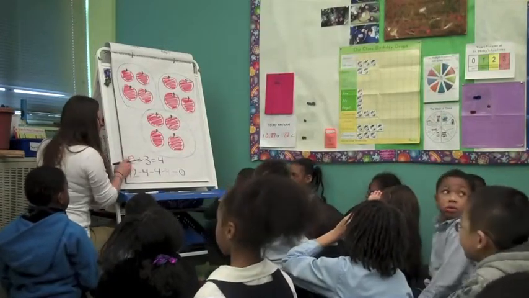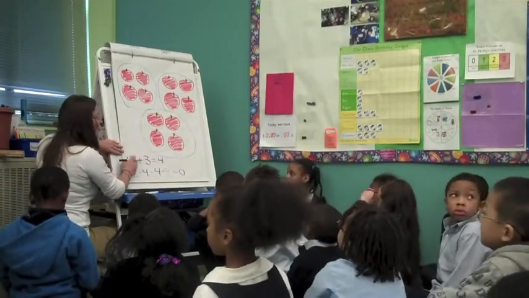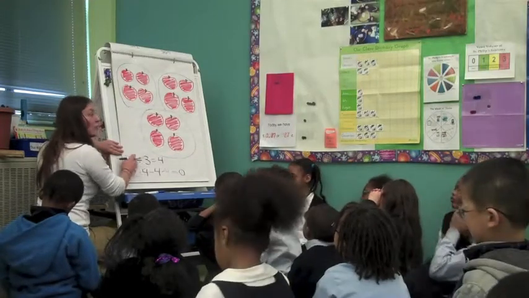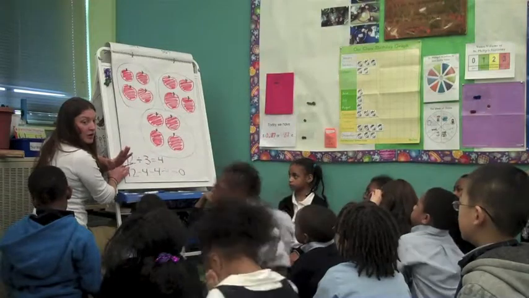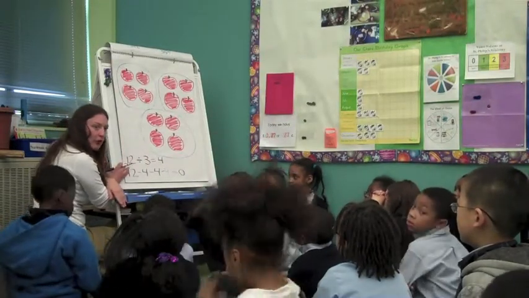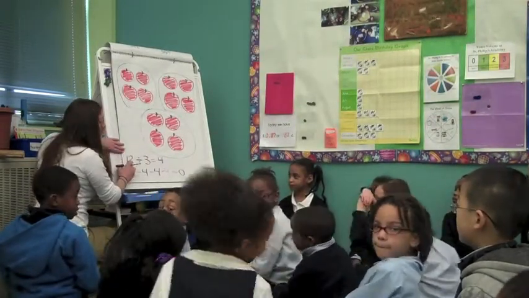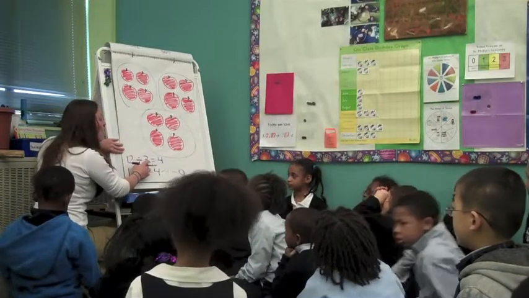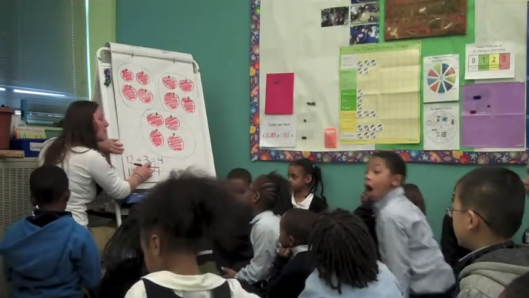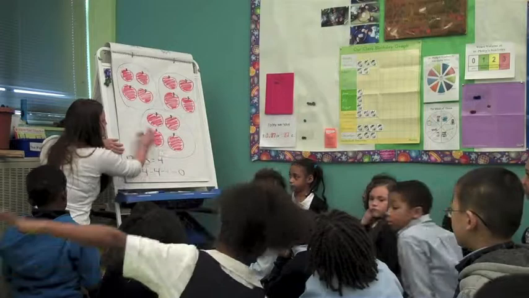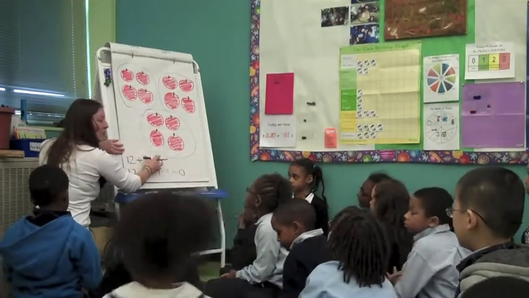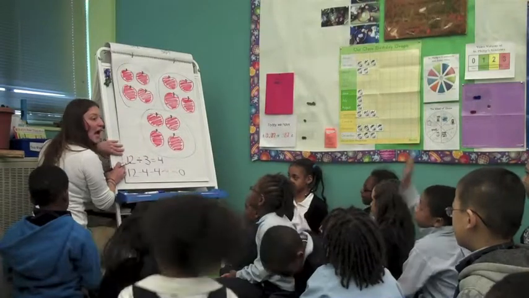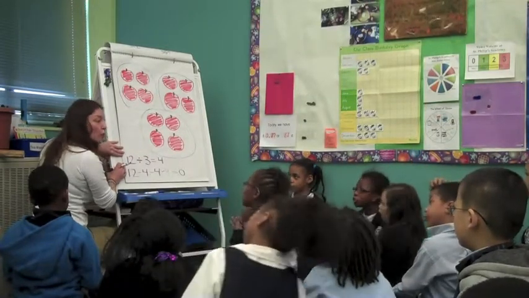Okay? So when you're looking at the division, you start with that big number. You start with the number of items that you begin with. When you divide, you're taking away. You're dividing by the number of groups. Right? So I had 3 groups. And then the number that it equals is how many are inside the group.